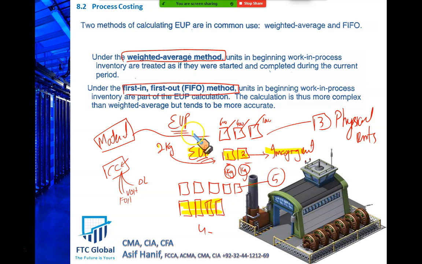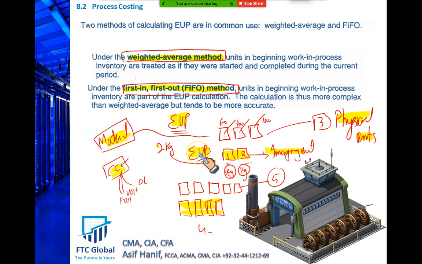So just remember, EUPs or equivalent units of production are imaginary numbers which we use for calculation purposes under weighted average and under first in first out method. Remember, you just need EUPs of material, equivalent units of conversion cost, and you need to distinguish between the physical units present actually and the equivalent units.